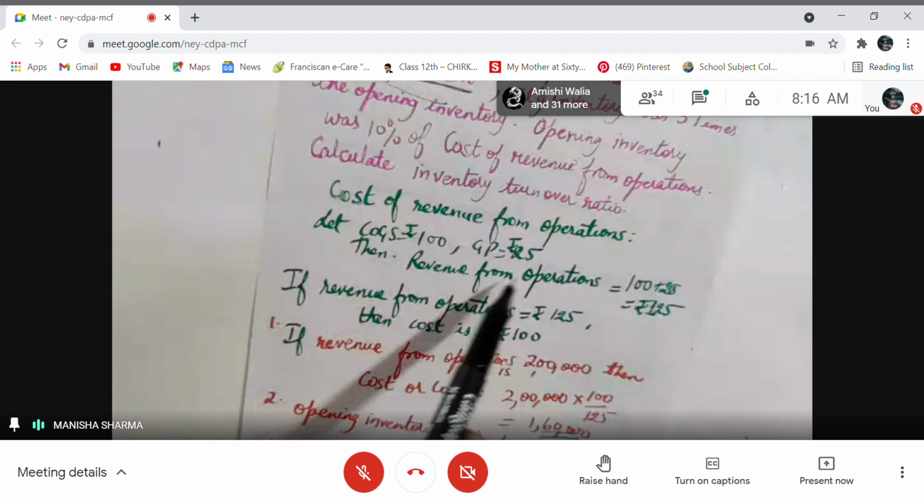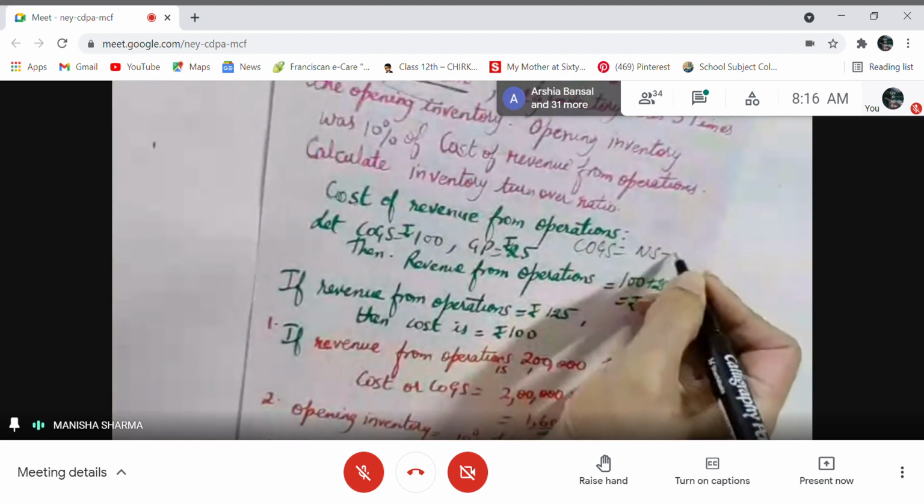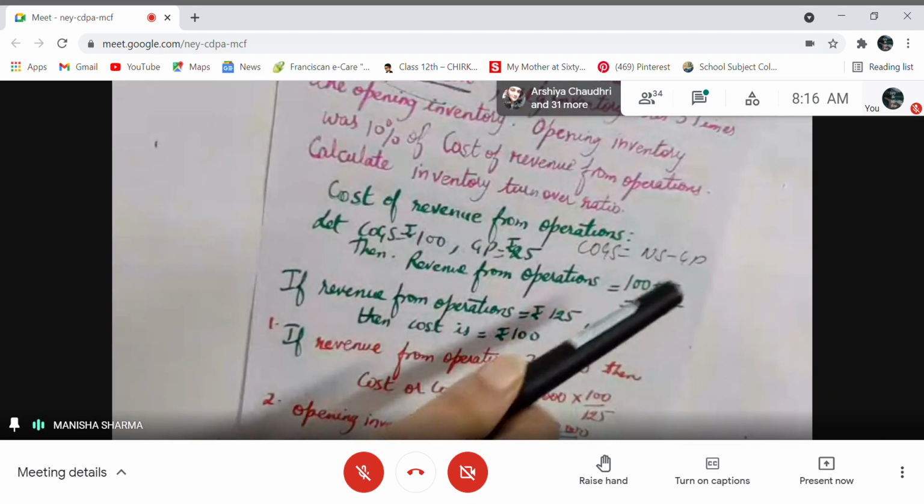So then the revenue from operation, meaning net sales, will be, as I explained yesterday, COGS plus GP is net sales, right? We've done the formula that COGS is equal to net sales minus GP, right? Now I want to find net sales.